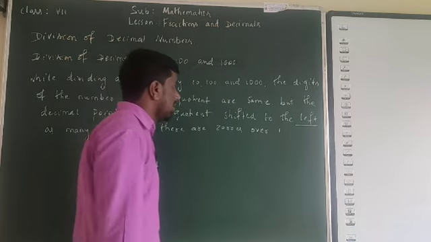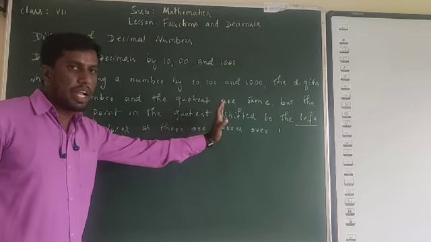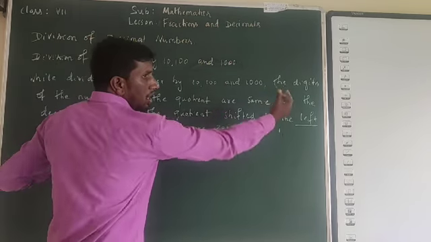This one is very important. While dividing, the decimal point will be shifted left. While multiplying, the decimal point will be shifted right.